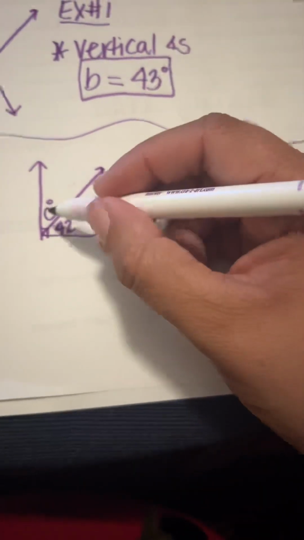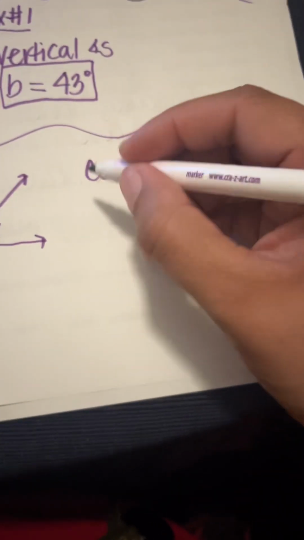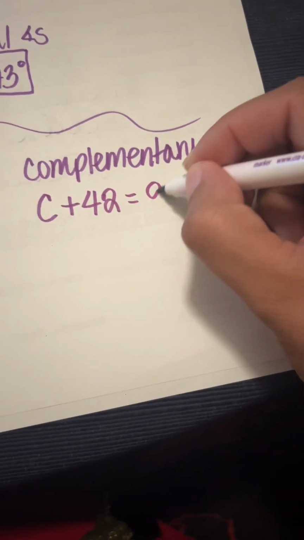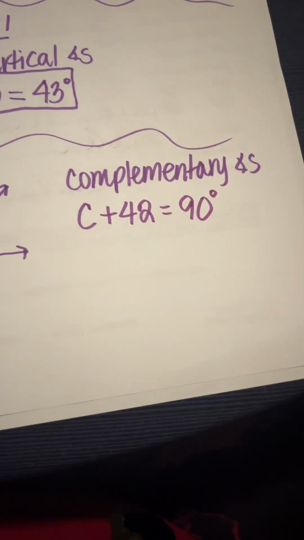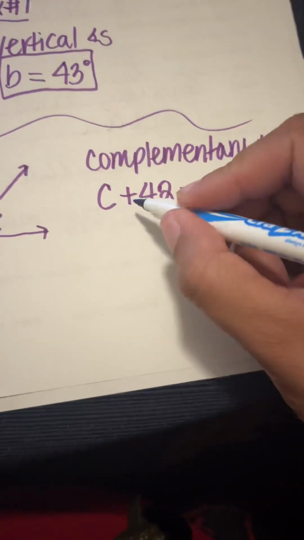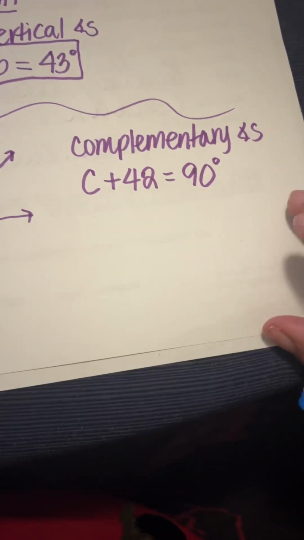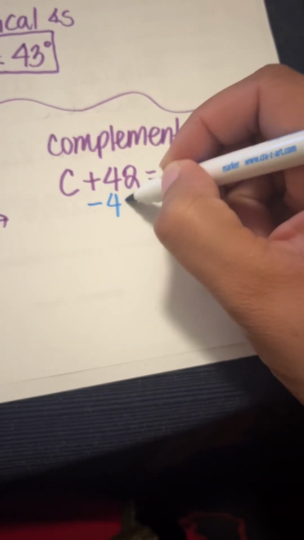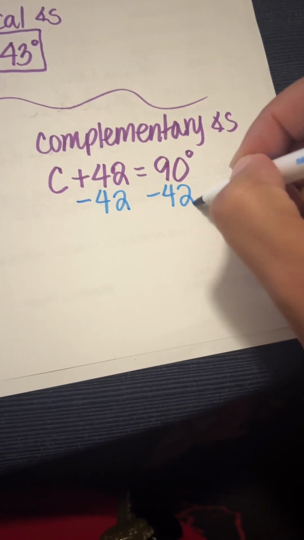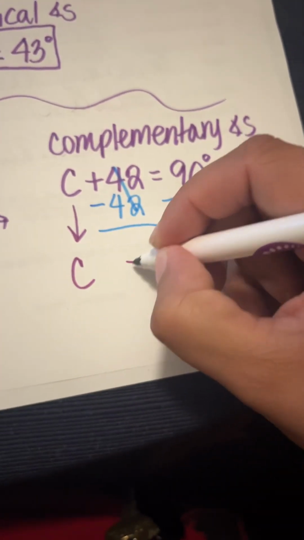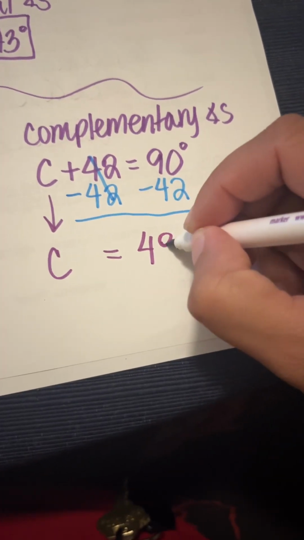So I'm going to take C plus 42, and set it equal to 90. And then I'm going to solve for C. Since this is a one-step equation, all we're going to do is the opposite of adding 42, so I can isolate your variable. The opposite of addition is subtraction. So if I take 90 minus 42, then C is equal to 48.